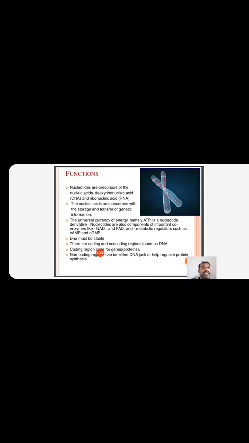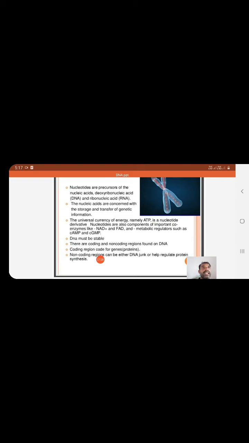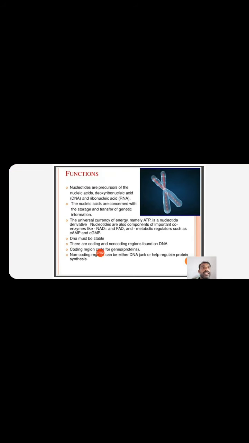What is phosphorylation? Phosphorylation is the formation of ATP. ADP plus one phosphate gives ATP. ADP is adenosine diphosphate, which has only two phosphates, and adding one more phosphate gives ATP, adenosine triphosphate, which contains three phosphates.